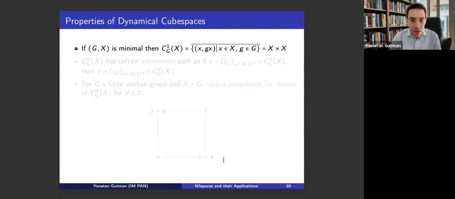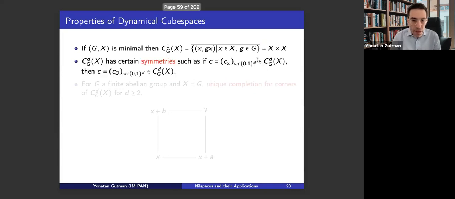And now let's see what the properties of these dynamical cube spaces are. If (G, X) is minimal, then the 1-cubes, so these are pairs, by definition are (x, gx), and gx can be anything, so we get that the 1-cubes are all the pairs. Also, it has certain symmetries. For example, if you take a cube C, and in each omega you replace the zeros by ones and the ones by zeros, then this will also be a cube.